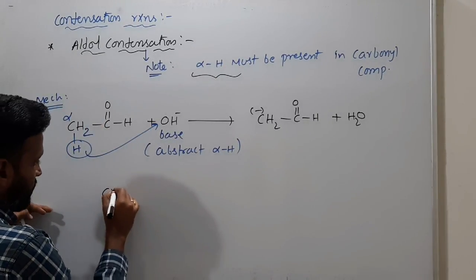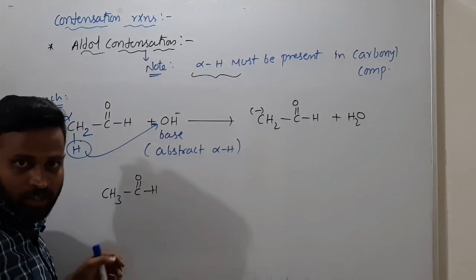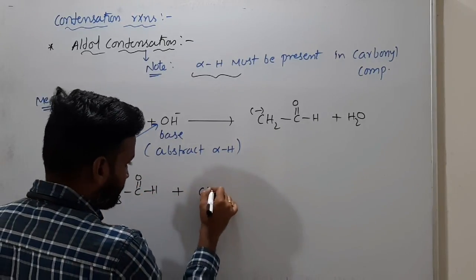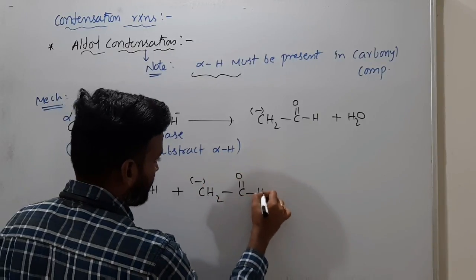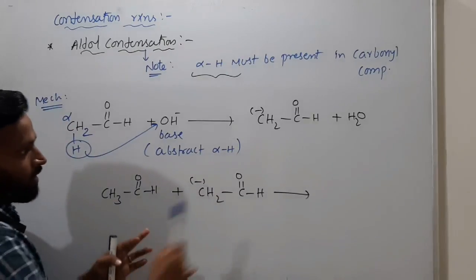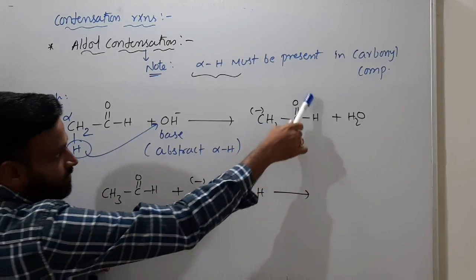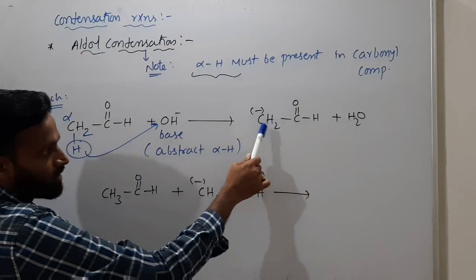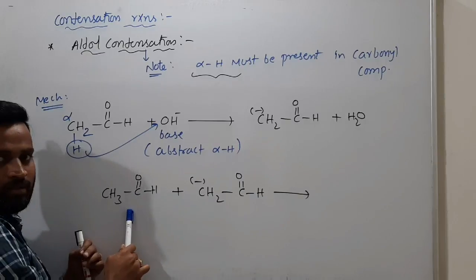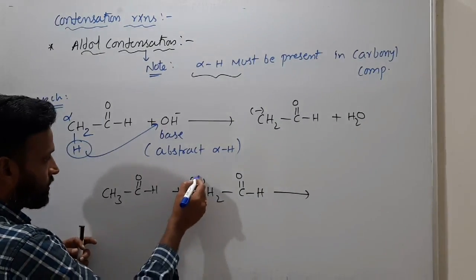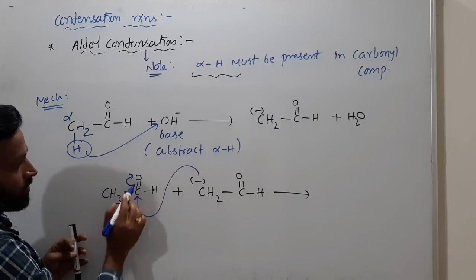Now, CH3 C double bond O H, 2 moles I said for aldol condensation. So now CH2 minus and C double bond O H. This species which lost the alpha hydrogen, and here I have written one more aldehyde. Now this negative charge will come over here and this pi bond migrates towards oxygen.